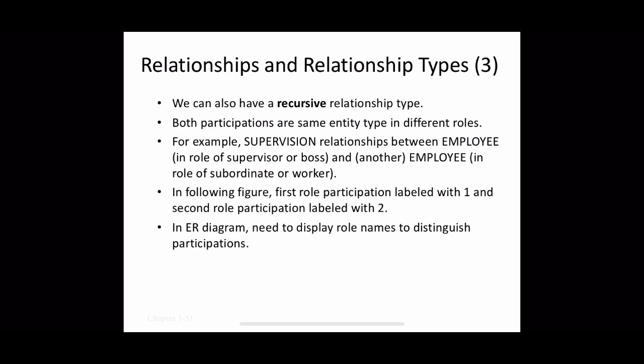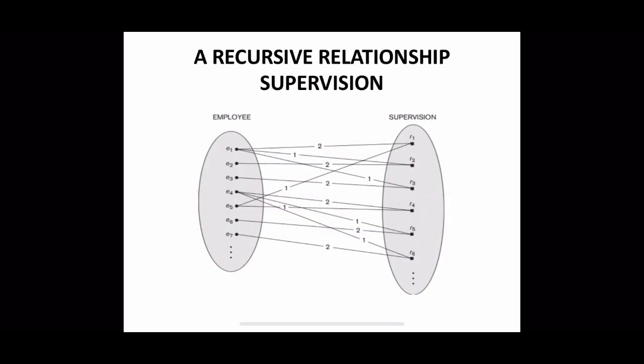In one case, the role is a supervisor or boss, and in the second case, the role is a subordinate or worker. So you can see in the figure, the employee entity type participates in the relationship type supervision twice. First taking the role of a supervisor or boss, and second taking the role of a subordinate or worker.